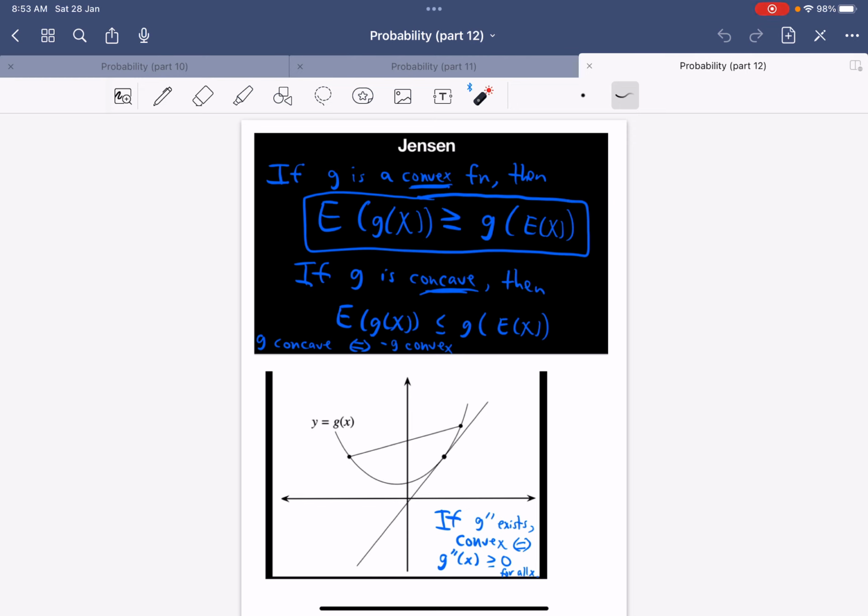Let me just give you a picture first. If it's concave, it's like this, where all the tangent lines are below the graph. And when you take a secant line between two points, the average chord will lie below the graph. So basically that's what it means.